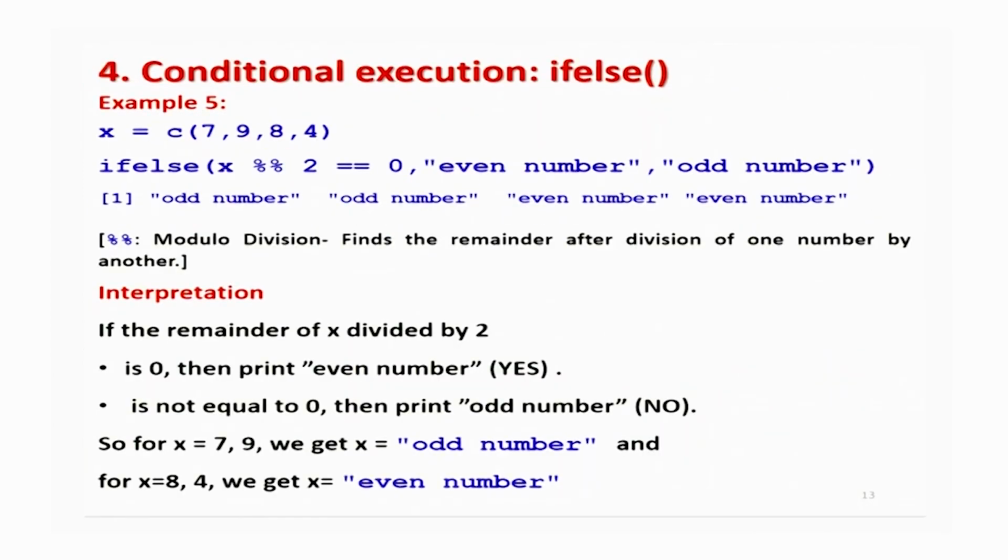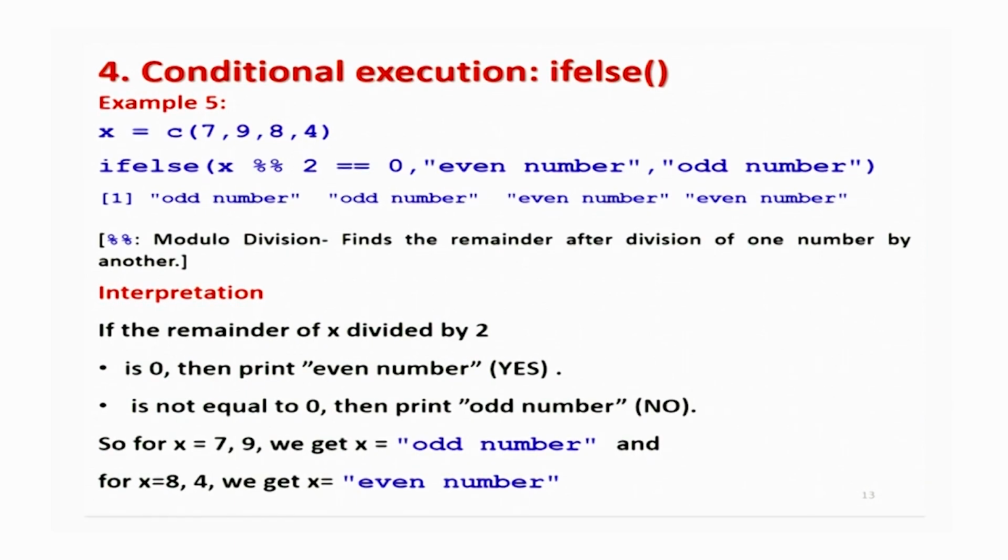Now let me give you one more example so that I can explain the utility of this if else condition. Suppose your objective is to write a program to know whether the input number is an even number or an odd number.